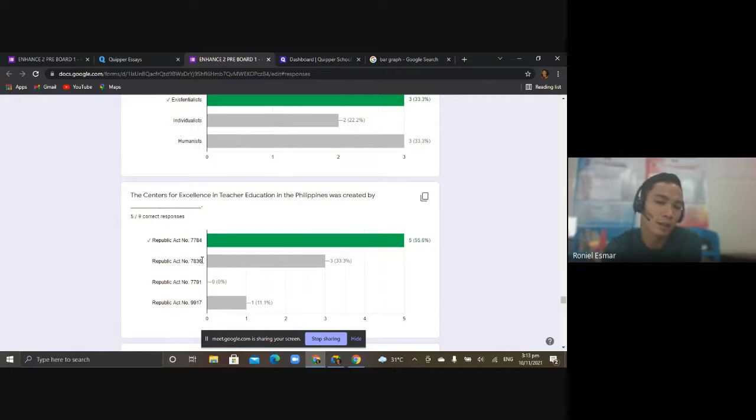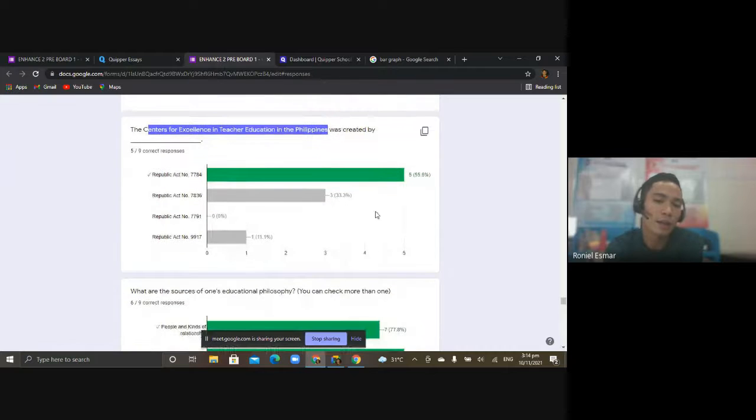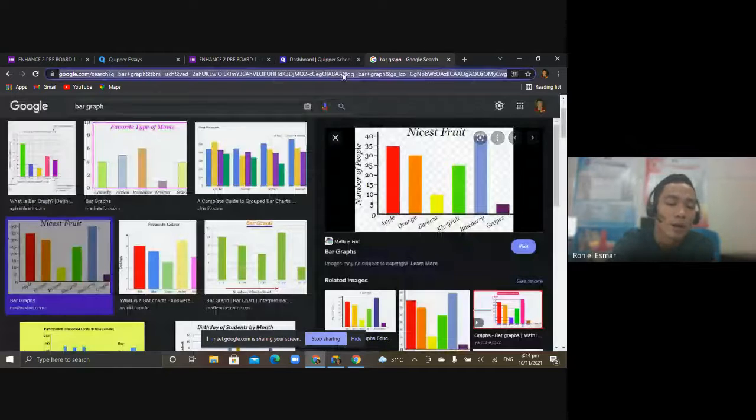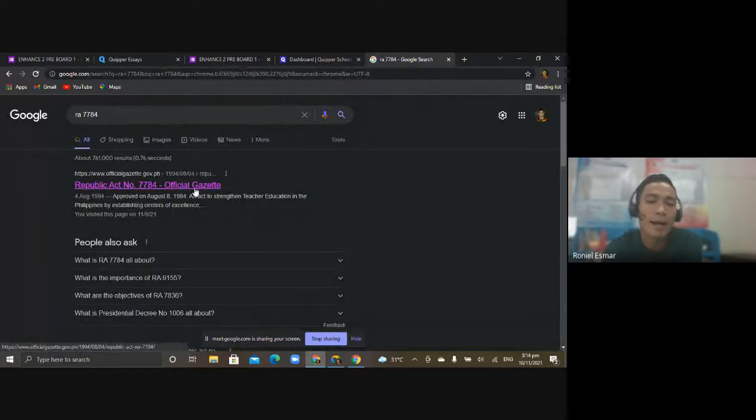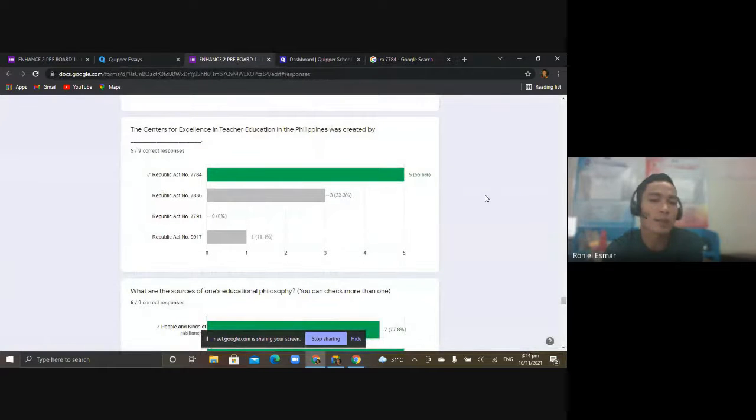But the Centers for Excellence in Teacher Education is covered by Republic Act 7784, which is letter A, the correct answer. What is the title of this Republic Act? RA 7784, an act to strengthen teacher education in the Philippines. If that is what is asked, then it's going to be Republic Act 7784.